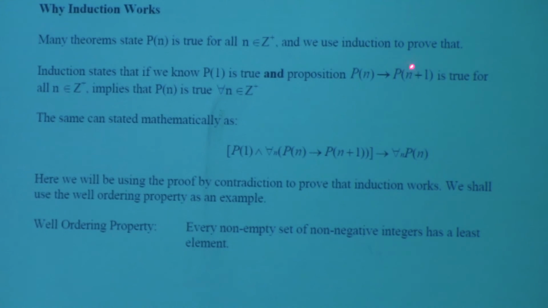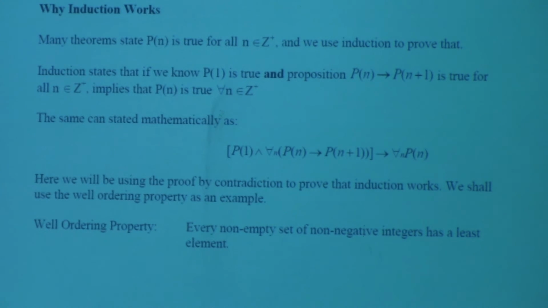And we're saying that if this is true for all positive integers, that implies P of n is true, and this means for all n values in the positive integers. So again, we're trying to show that P of 1 is true, the basis, and P of n implies P of n plus 1. Where P of n is our assumption, and P of n plus 1 is our proof step.